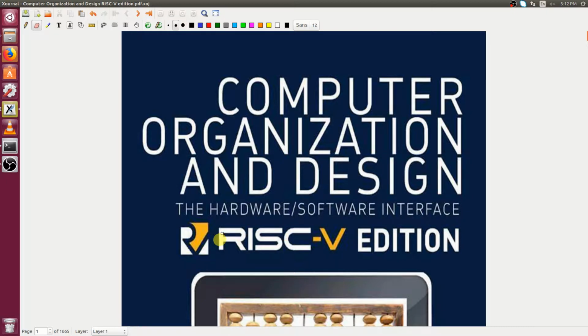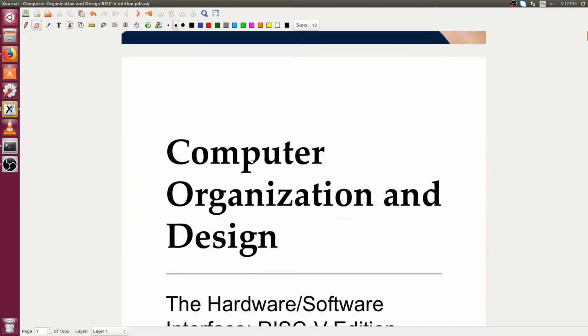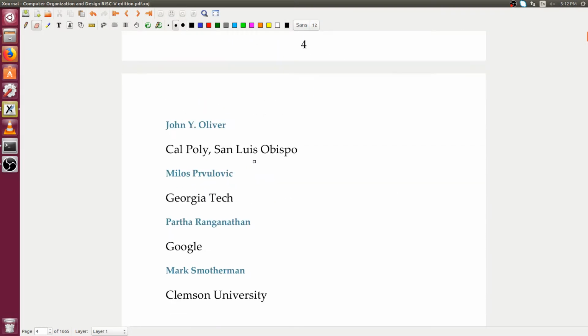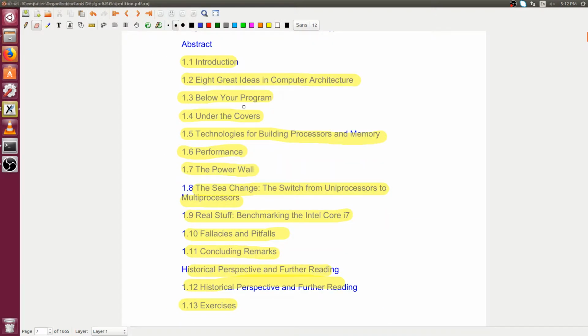There's a MIPS edition, and this is the RISC-V. I'm using RISC-V just because it's fairly interesting. RISC-V is just an instruction set. It was made at Berkeley. So just to recap, let's look over the table of contents from yesterday. We saw an introduction to computers. We saw the 8 great ideas in computer architecture. These are the things we want to keep in mind.